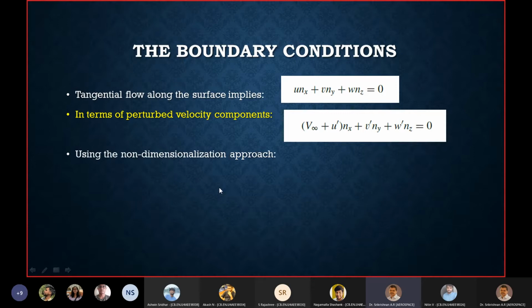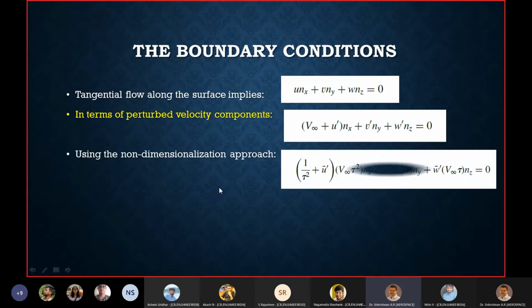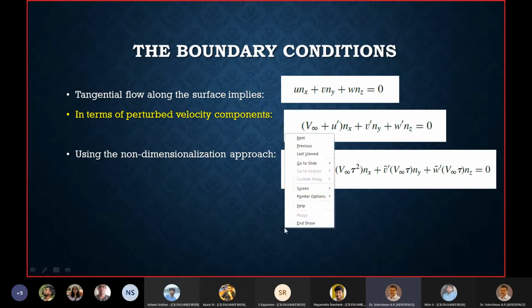Now we consistently go for a non-dimensionalization approach because we are basing the analysis on an order of magnitude analysis. Order of magnitude analysis requires appropriate non-dimensionalization. So we are just rewriting the terms. Please take a look at the way that they are written.